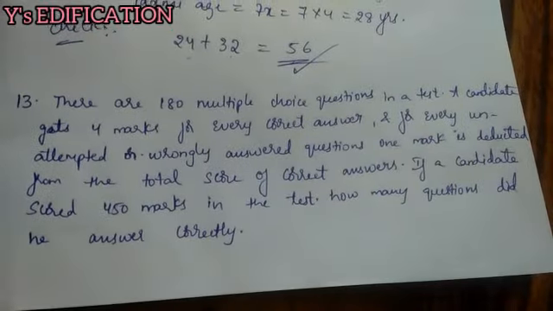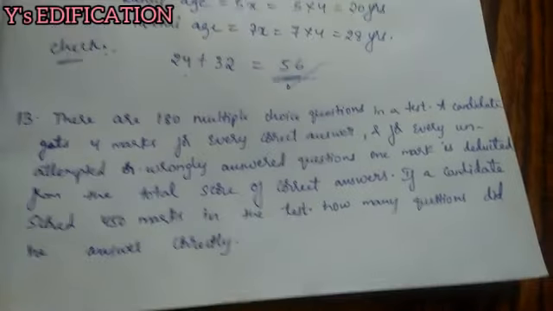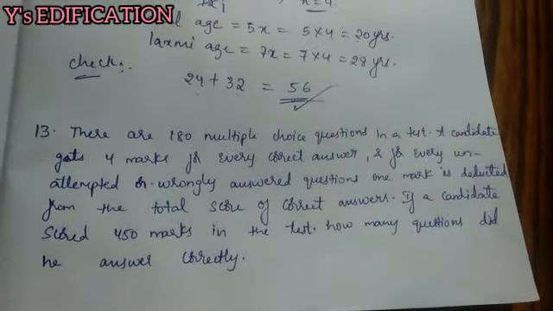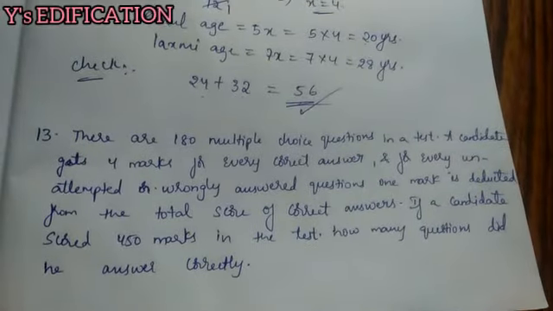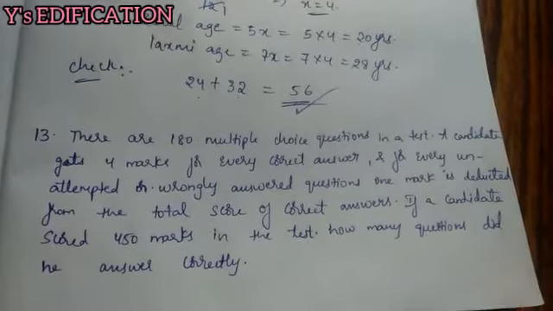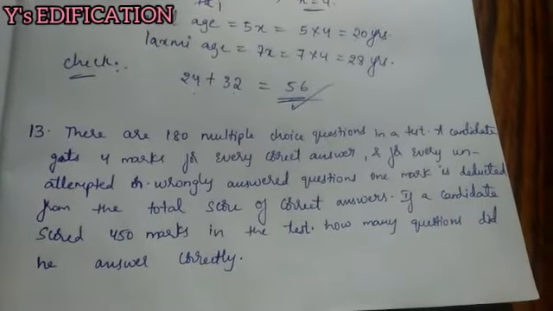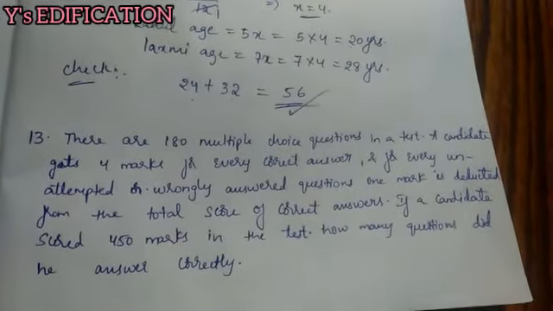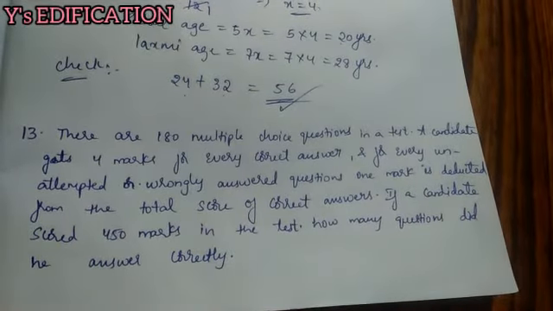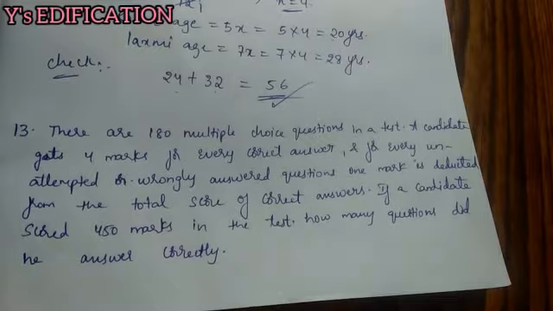There are 180 questions in a test. If the answer is correct, they will get 4 marks. If the answer is wrong, they will lose 1 mark from the correct answers. If the answer is unattempted or wrong, 1 mark is deducted.